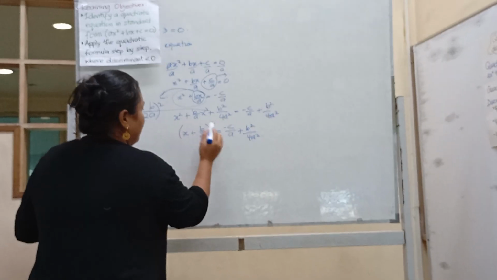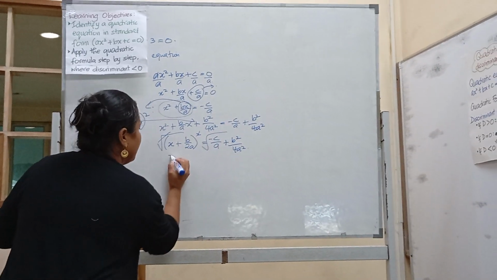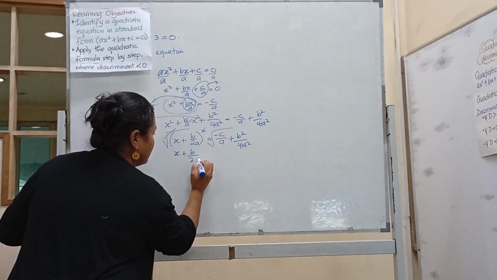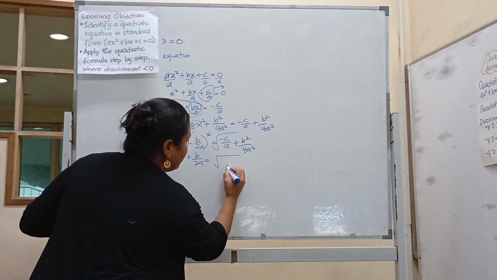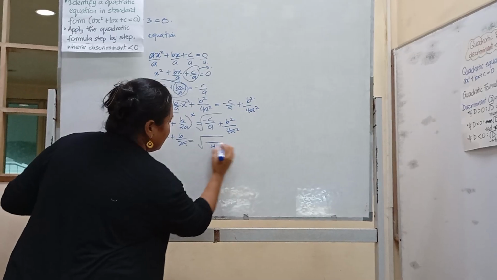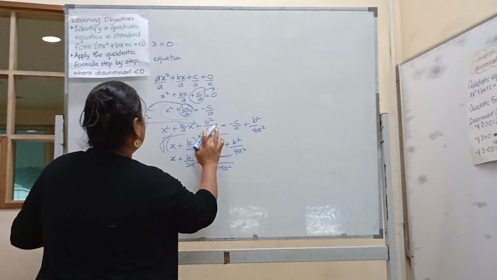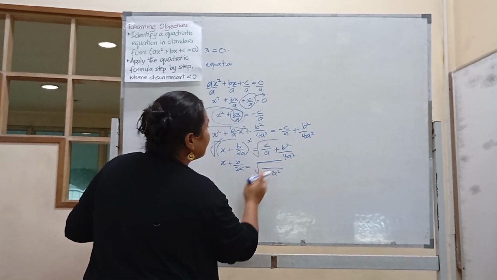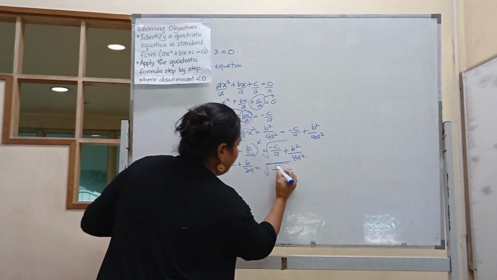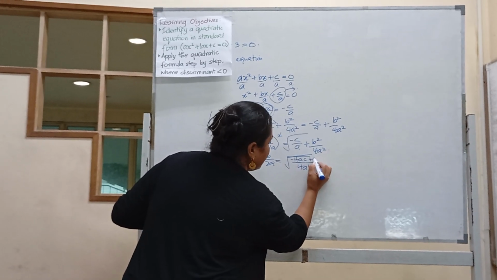So, right now we are going to take the square root of both sides. x plus b over 2a is equal to the square root of, if we have this one, 4a squared, negative 4ac and plus b squared.